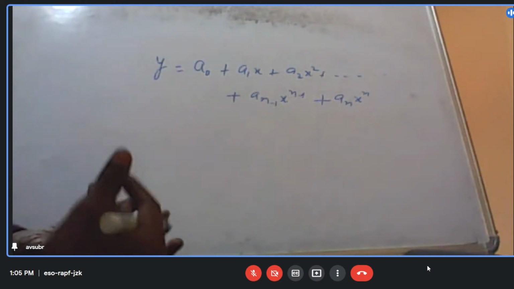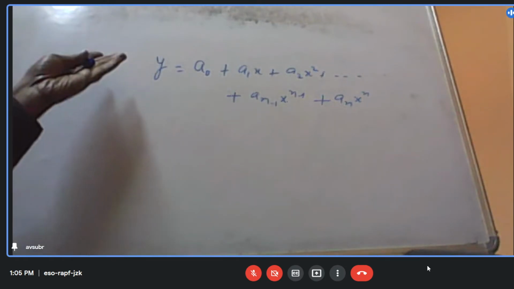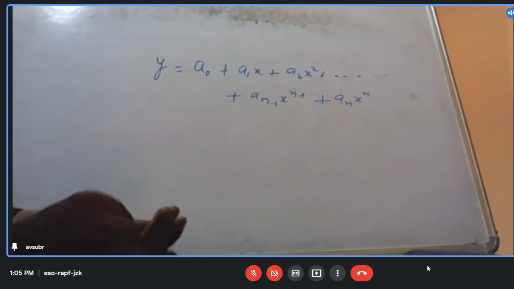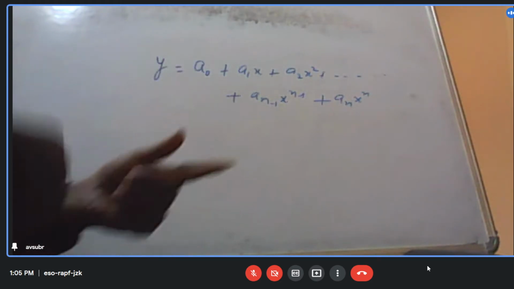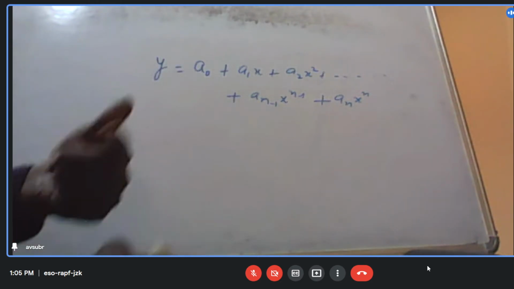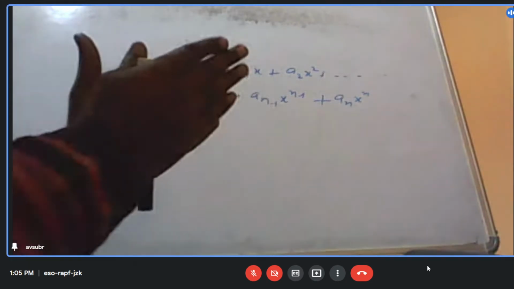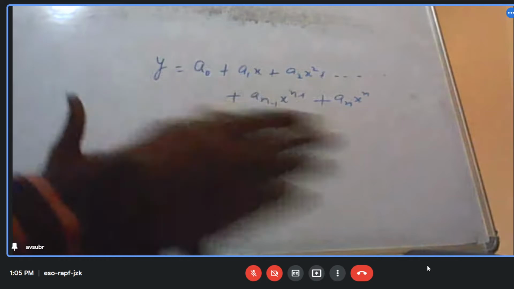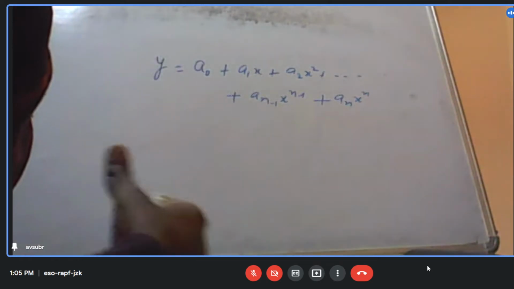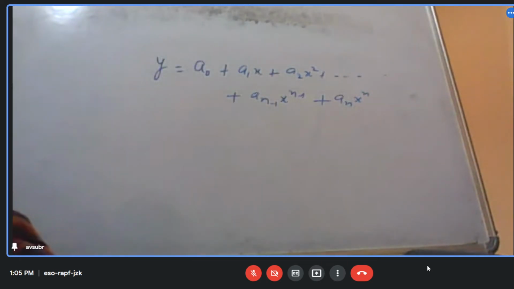Why am I considering this? Because with the previous example I found out that the more terms I add, the higher order polynomial I consider, the better and better accuracy I get, and to a larger distance. That means I can increase the distance from x equal to 0 for better and better approximation.